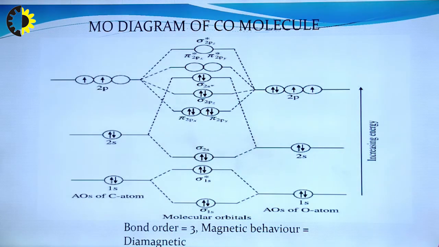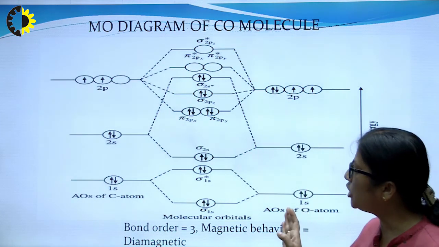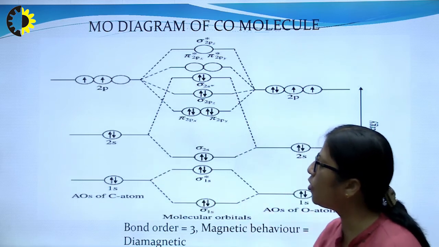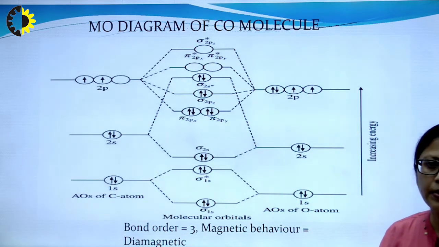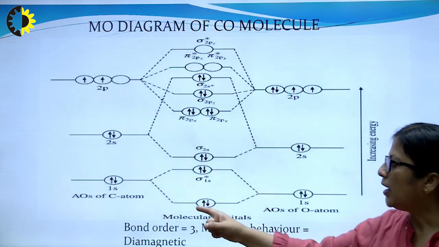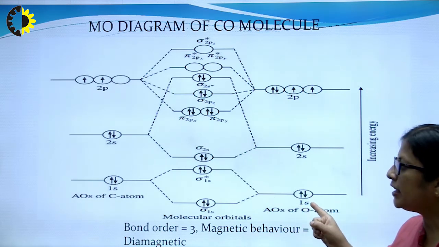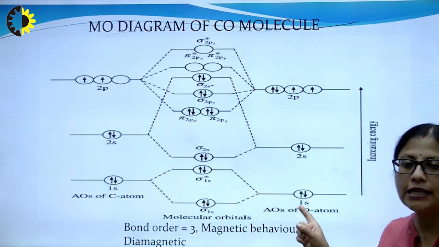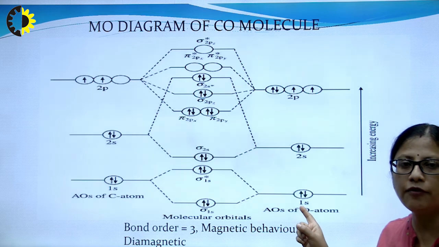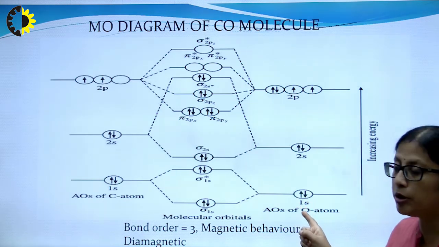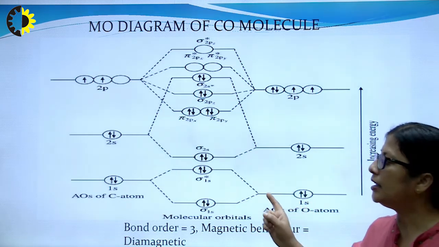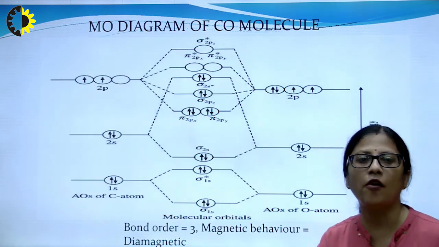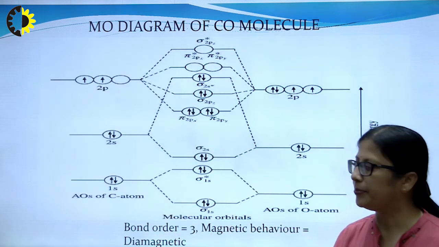Now, these are the atomic orbitals of oxygen and these are the atomic orbitals of the carbon atom. The electronegativity of oxygen is higher than carbon, therefore, the orbitals of oxygen will be of lower energy in comparison to the atomic orbitals of the carbon atom.